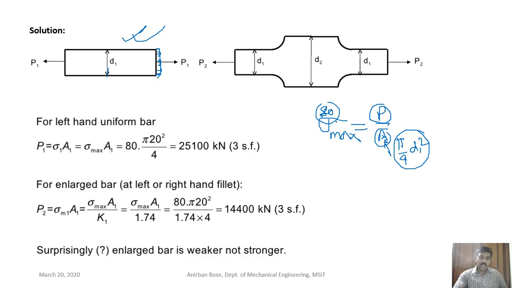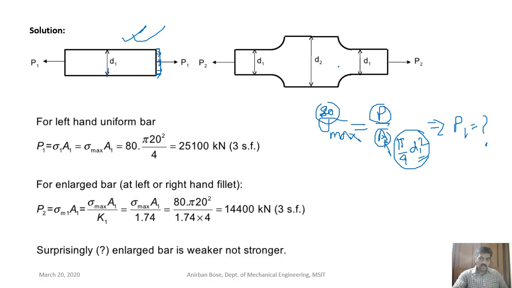In this equation, the left hand side you know is 80 megapascal, and the right hand side you know the area because you know the dimension D1, so you can find out P. So from here you can find out the value of P1 that is allowed.